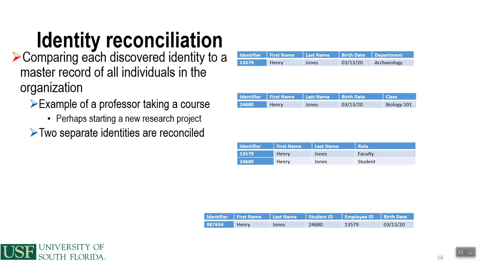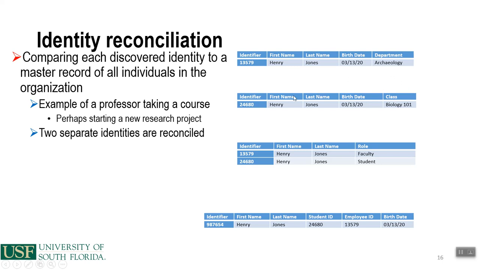Identity reconciliation is comparing each discovered identity to a master record of all individuals in the organization. So for example, a professor taking a course, perhaps starting a new research project, two separate identities are reconciled. So for example, we have Henry Jones right here. His birth date was the 13th of March 2020, and his department is archaeology.